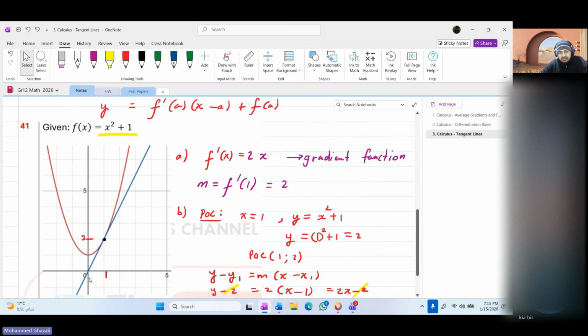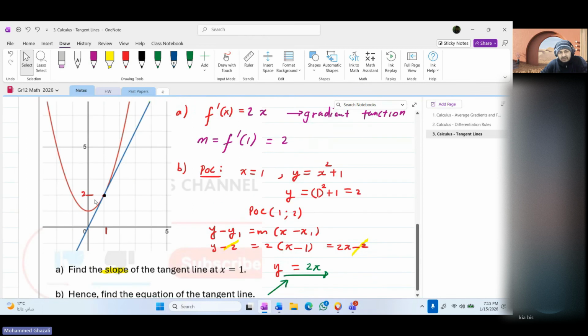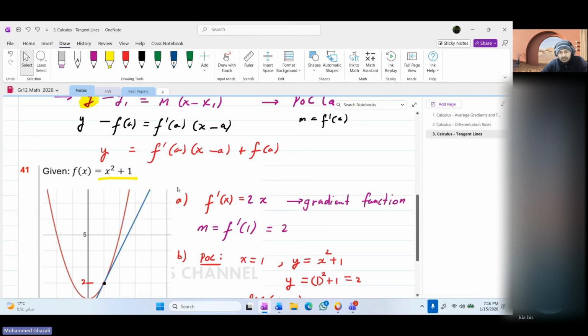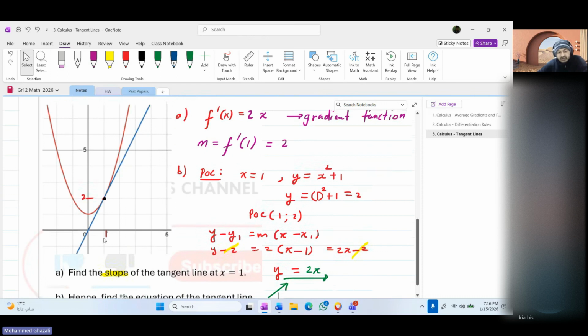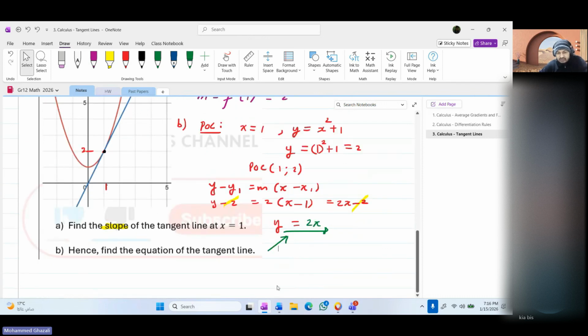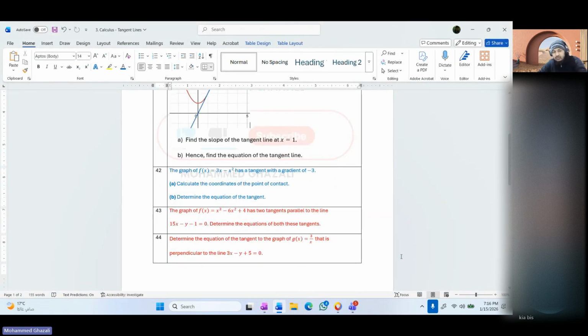Now you need some other points here to find the value of m. You need some other information. We'll find some questions in functions from grade 11 and use calculus to solve them, and try to use both methods. Anyways, that question is solved. Let's move on to the next question.